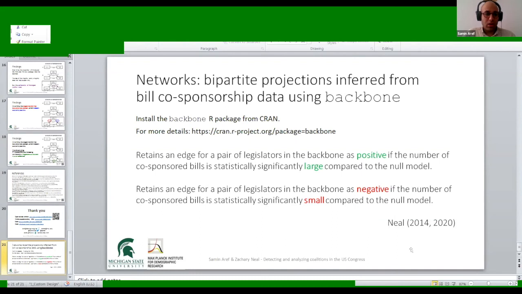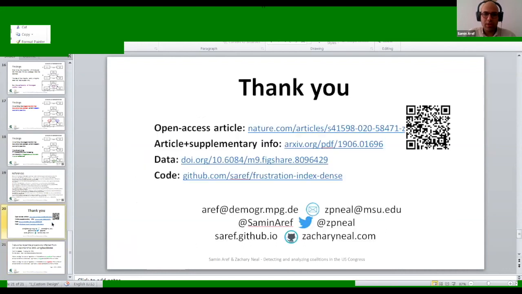Well, I'm not totally sure, because the data I particularly worked with was the network data, which you can find here. But I don't think there would be several versions of the bill co-sponsorship data. It's the number of bills that are sponsored by every pair of individuals.